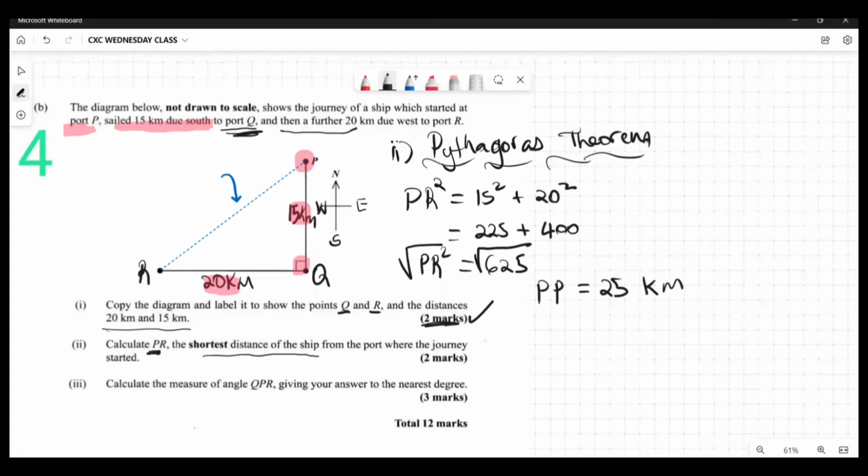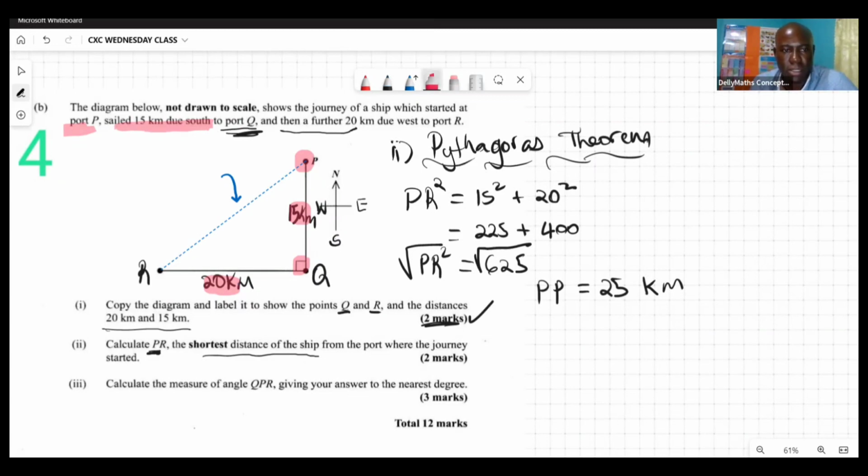Sir, I didn't miss it, but I thought we are trying to find P. No, they didn't say that. Read this. Let me highlight it for you. Calculate PR, the shortest. PR is a distance. They don't have to tell you the word distance, but as a matter of fact, they said it.